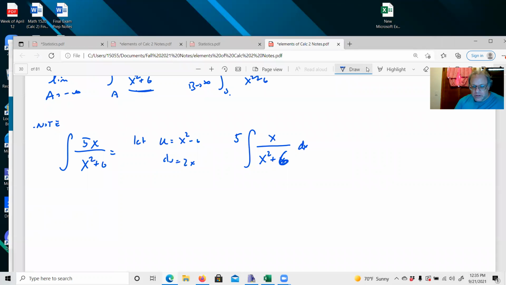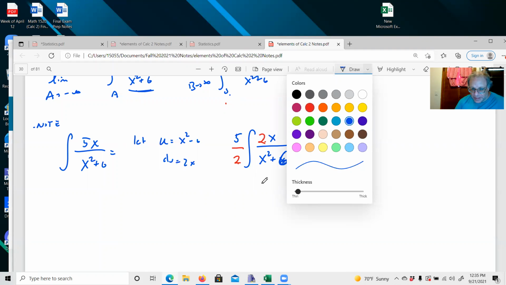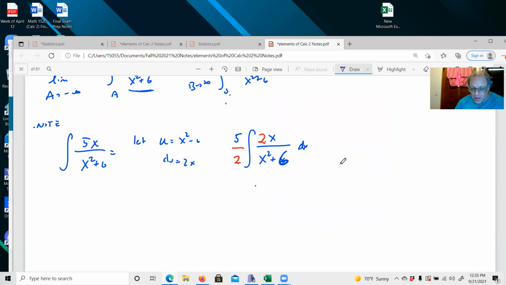So I'm going to multiply here by 2 and then divide by 2. That's 1, so it's okay to multiply by 1. We're allowed to do that. No squaring of both sides or anything weird like that. It's just multiplying by 1.